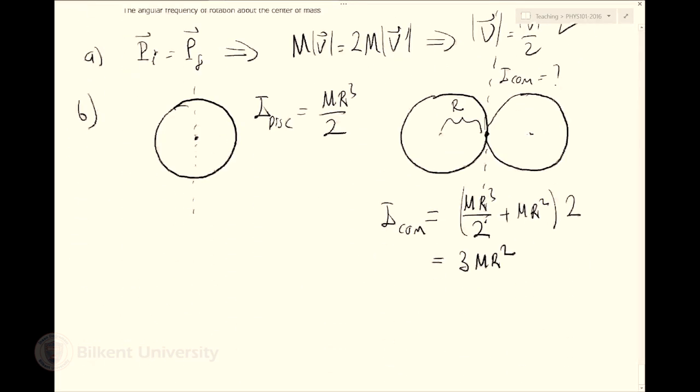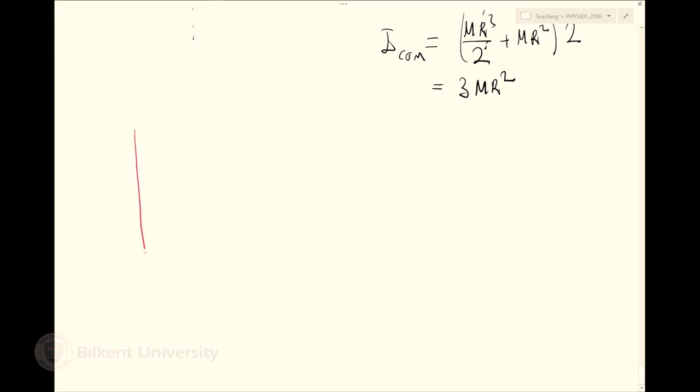So let me redraw this. In the initial case, basically just let's consider the case just before collision. Okay.